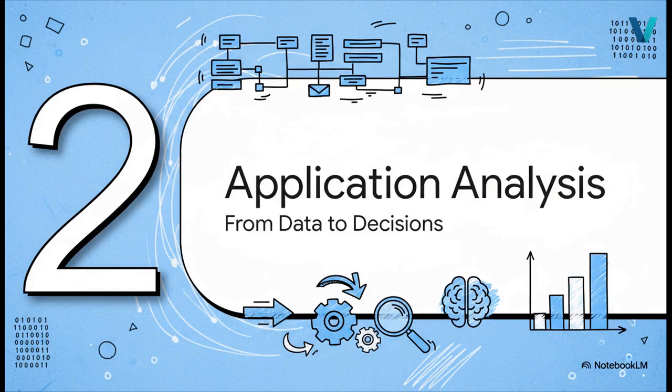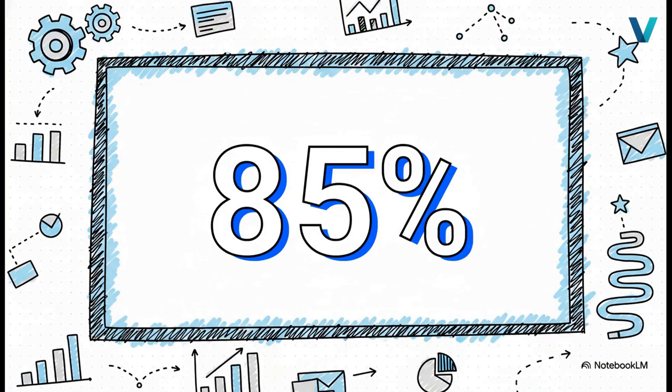So we've gone from just asking simple questions and filling out data to something a whole lot more powerful, intelligent analysis. This is where the AI starts to help you make those really tough, important decisions about your application portfolio. Imagine you log in and you see this, a score of 85% next to one of your most important applications. What does that even mean? Is 85% good? Is it bad?